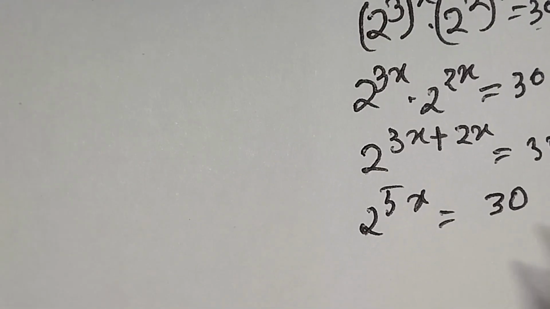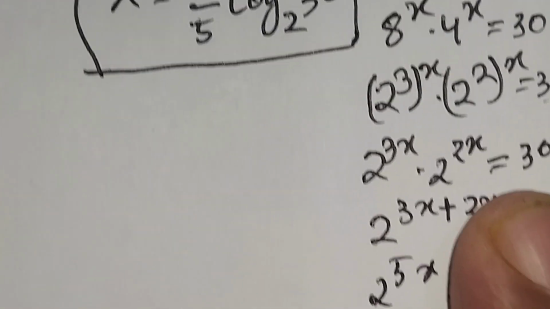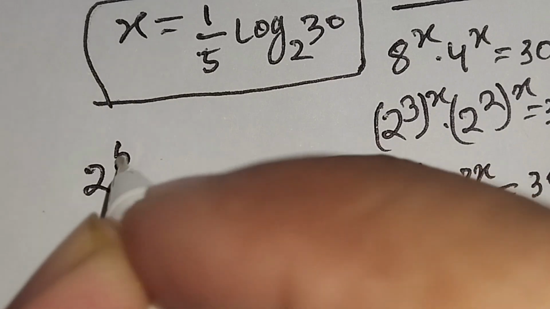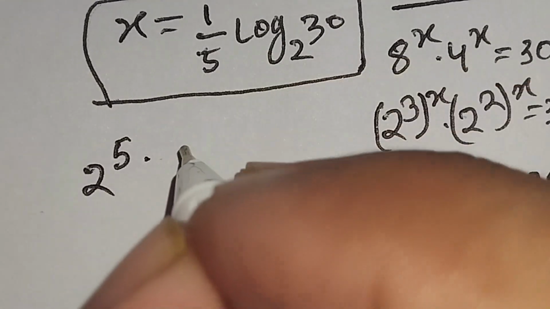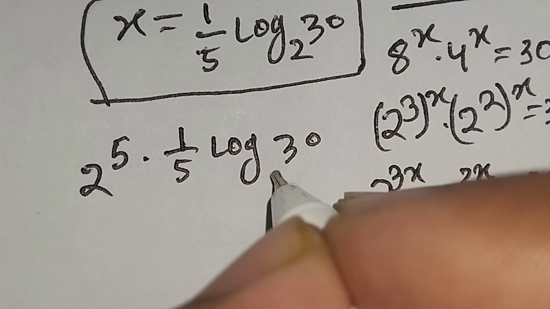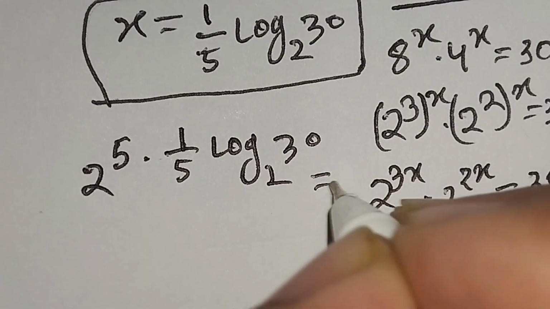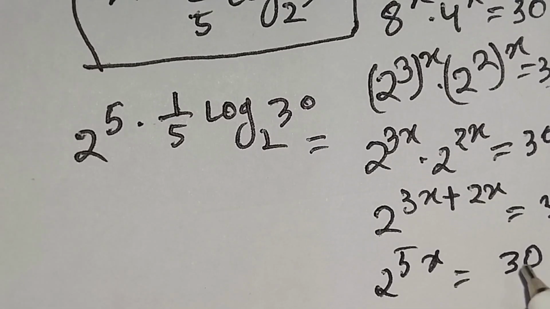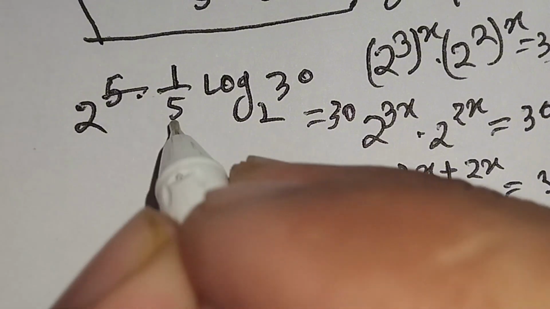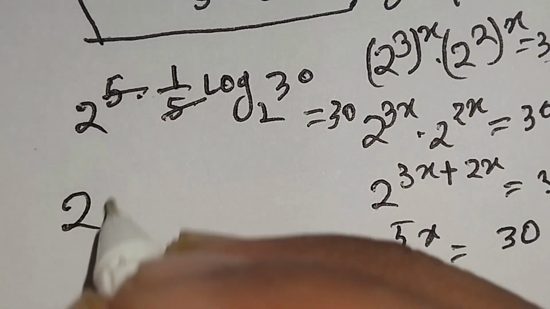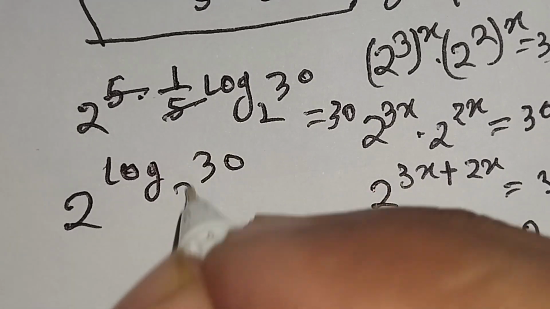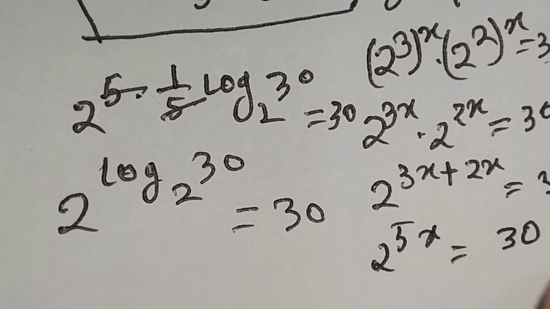So we can write here 2 to the power 5 times x is equal to 2 to the power 5 times 1 over 5 log 30 to the base 2, which is equal to 30. Here this 5 and this 5 cancel out. Here 2 to the power log 30 to the base 2 is equal to 30.